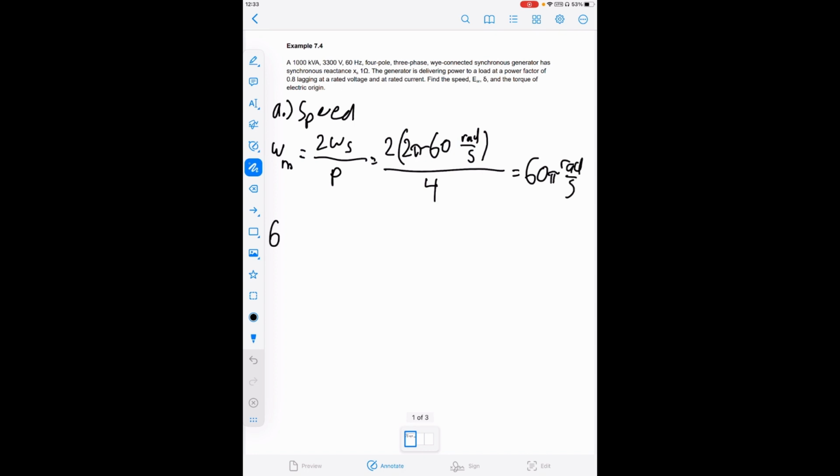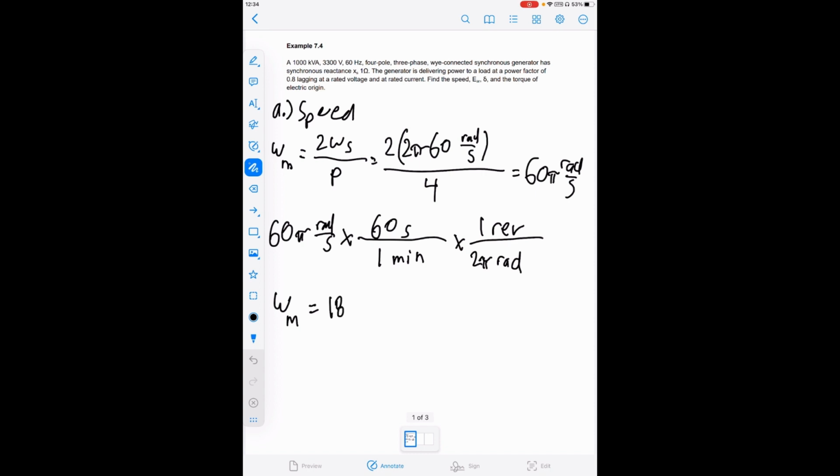And then if we want to convert to RPM, 60 pi radians per second times 60 seconds in 1 minute times 1 revolution over 2 pi radians, and the mechanical frequency will be equal to 1800 RPM.